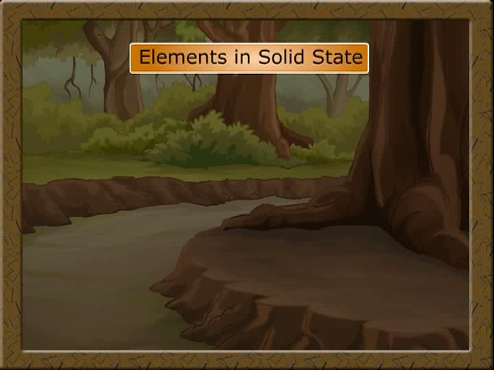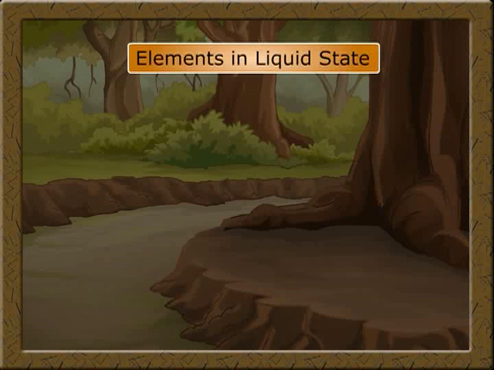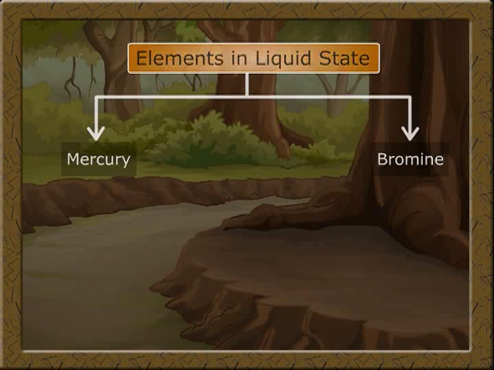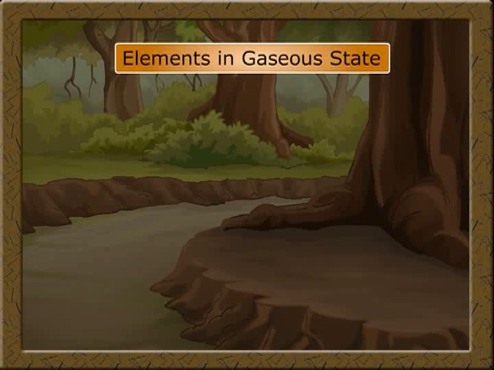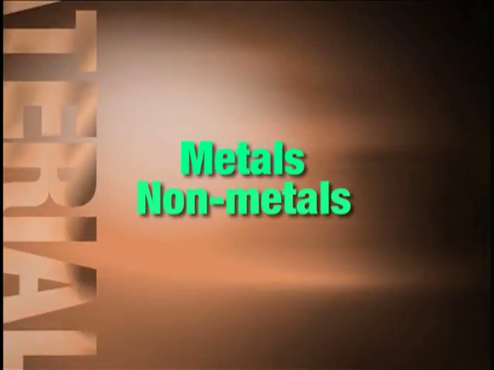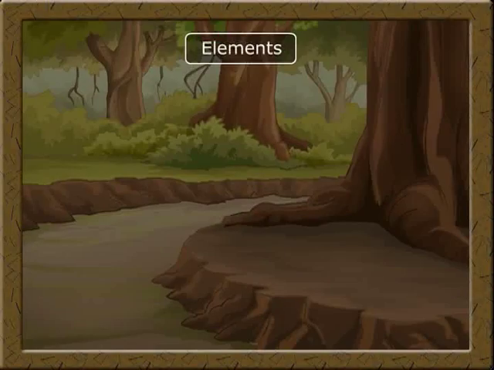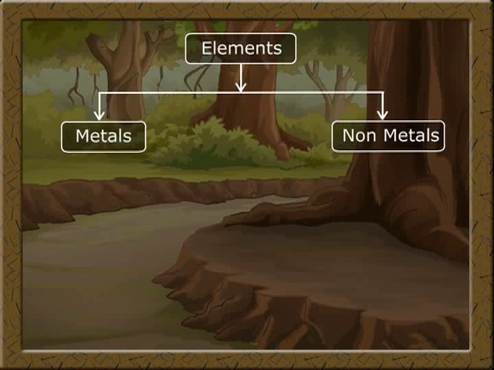Elements that are in solid state are carbon, iron, sodium, etc. Elements that are in liquid state are mercury, bromine, etc. Elements that are in gaseous state are nitrogen, oxygen, hydrogen, etc. Elements are divided into two groups, namely metals and non-metals.